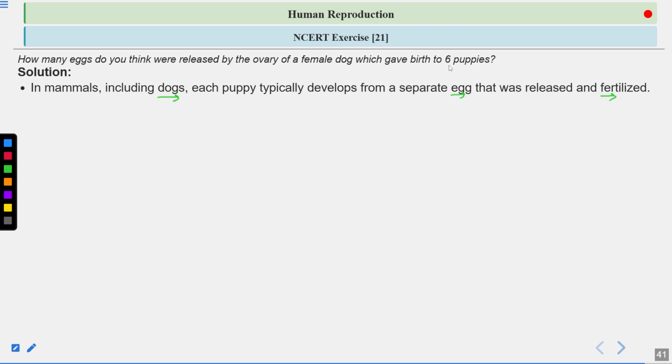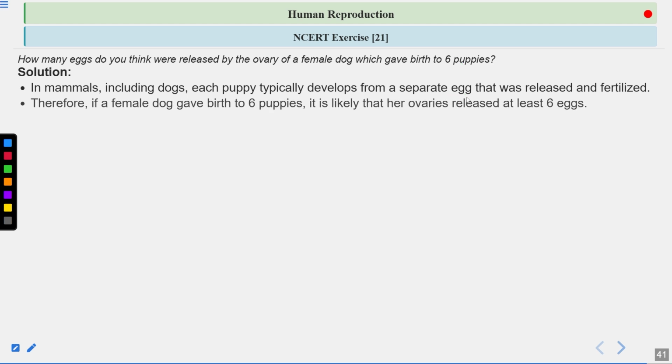So if the female dog gave birth to 6 puppies, it means 6 eggs were released, because each puppy develops from a separate egg. Therefore, it is likely that her ovaries released at least 6 eggs. So 6 eggs means 6 puppies.